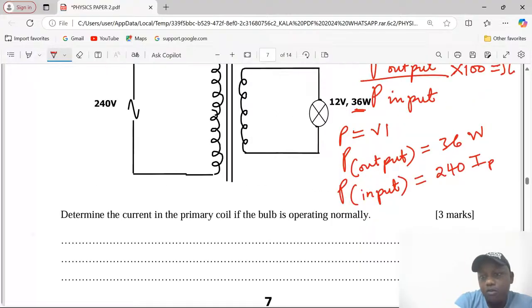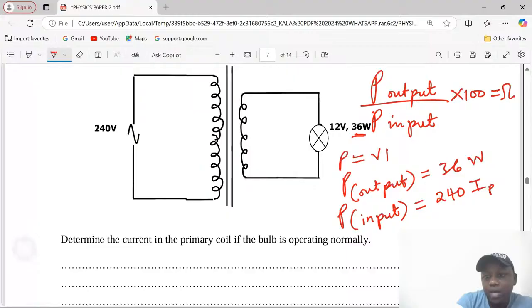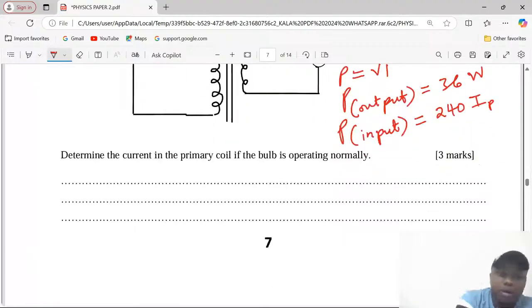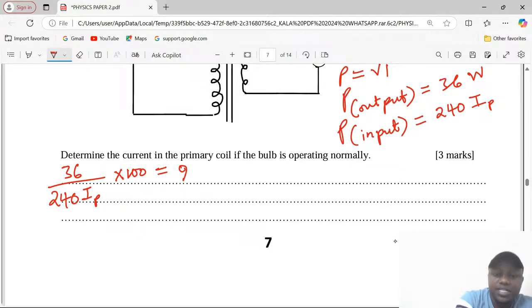So we will now write our formula. Our output is 36, divided by 240 multiplied by the unknown current in the primary, expressed as a percentage, should give us 92%.